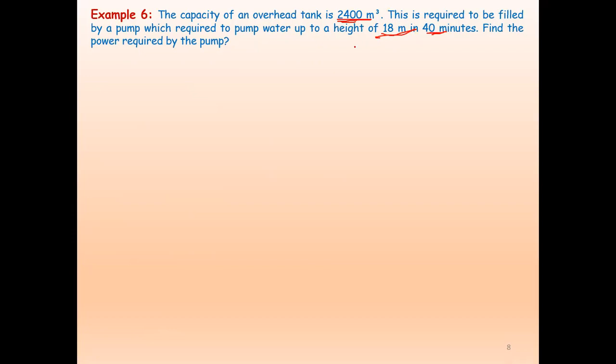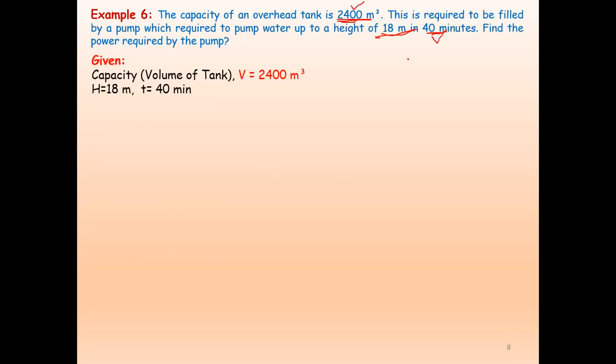Now here we have to find out first Q. So Q is nothing but meter cube per second. So we have to divide this 2400 by 40 minutes. Minutes again have to be converted into seconds. Now here volume is given and here time is given.